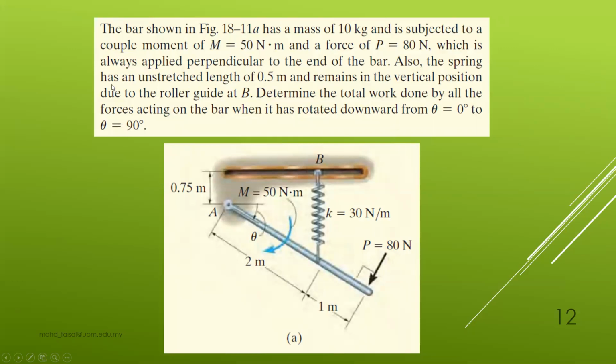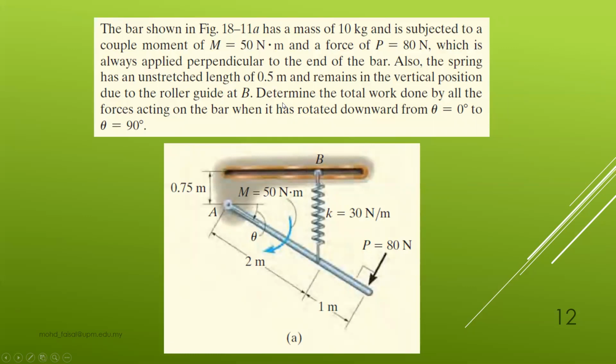Also, the spring has an unstretched length of 0.5 meter and remains in the vertical position due to the roller guide at B. Here there is a roller guide.